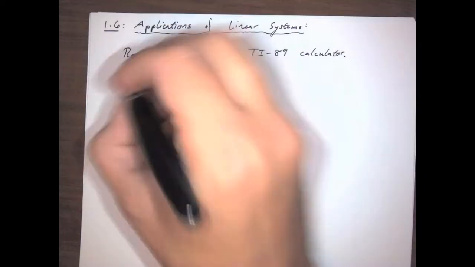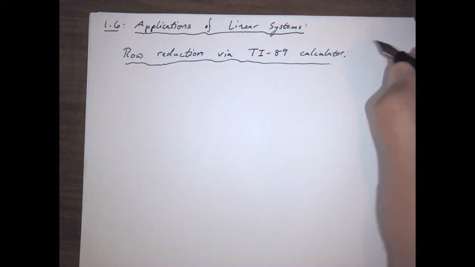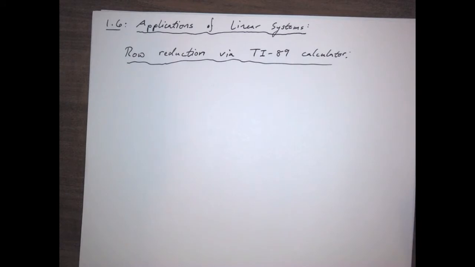The TI-89 is kind of the official calculator of this class, and most importantly for making this video, it's the kind of calculator I happen to have handy so I can show it to you.